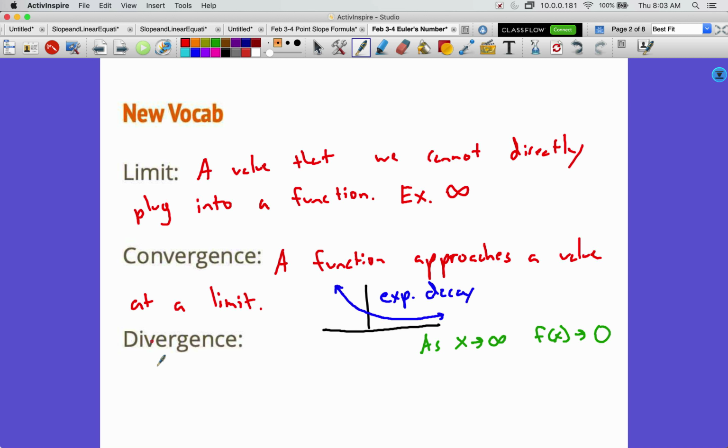Divergence is when a function goes to infinity at a limit.